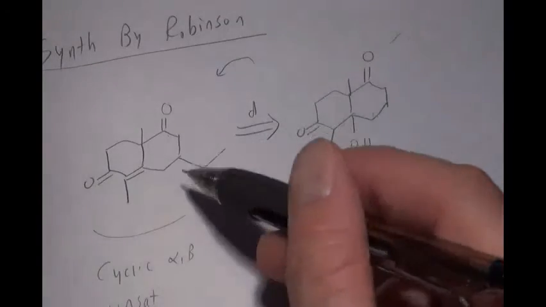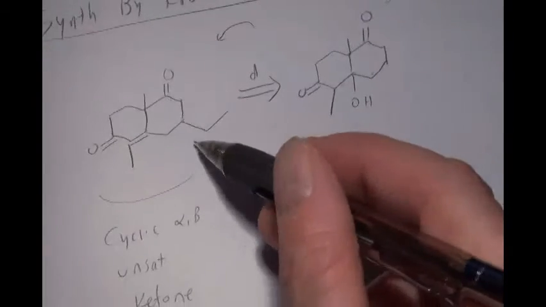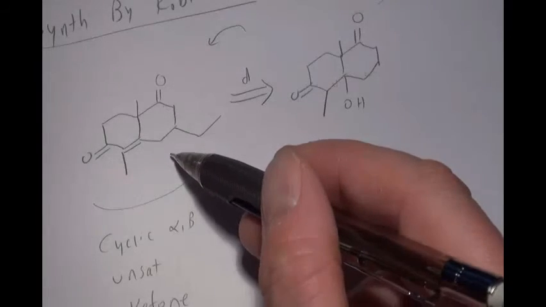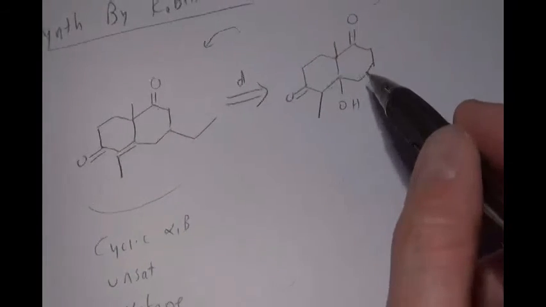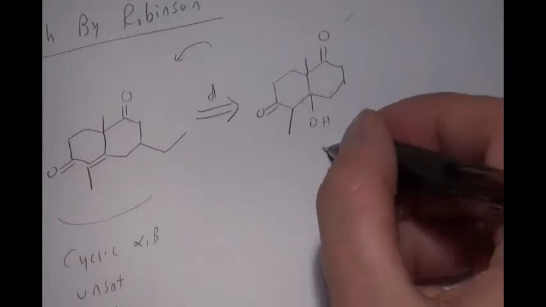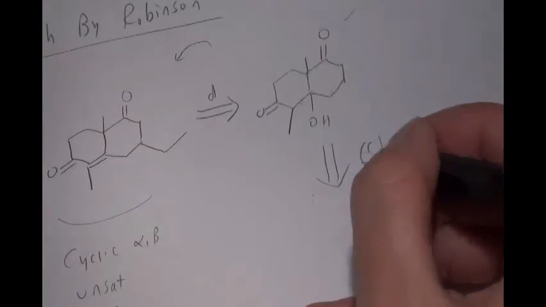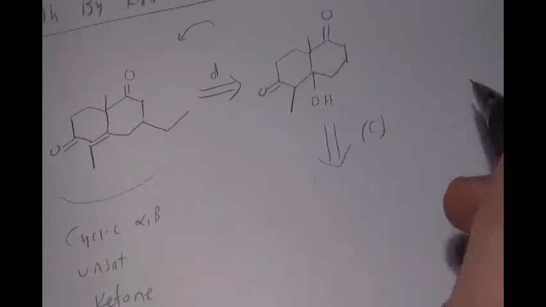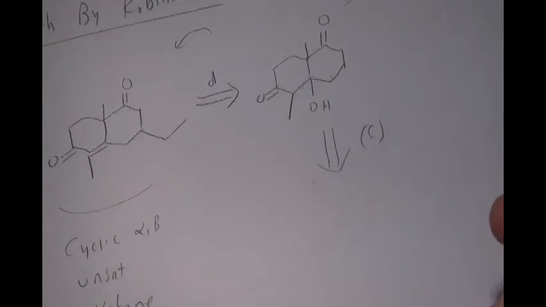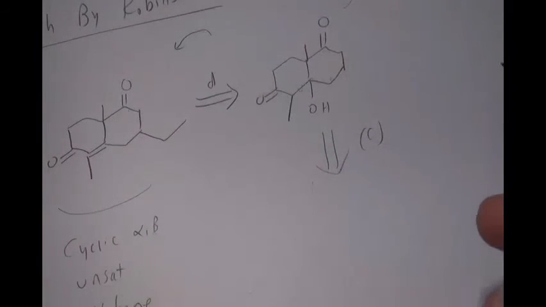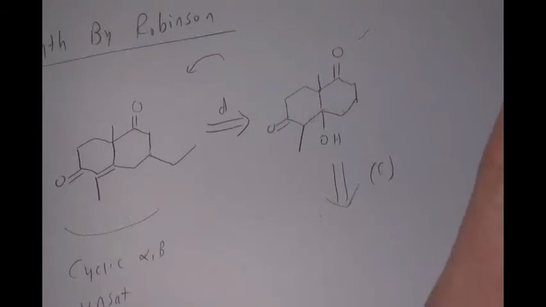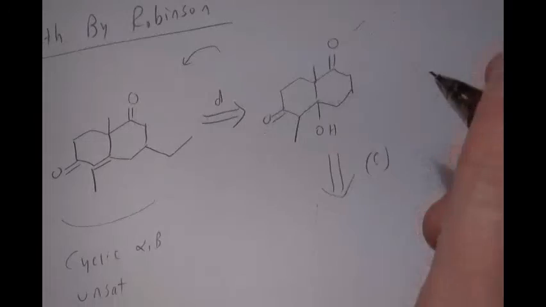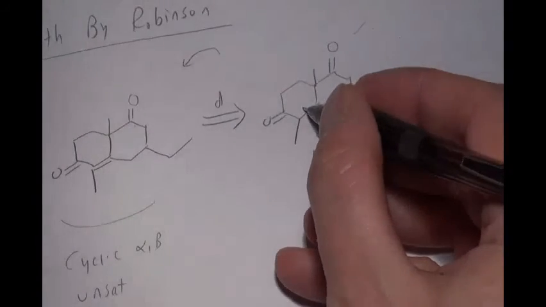Okay, so that would be step D, the dehydration of this. So we're going backwards, right? This is the final product. This is right before that. It's a beta hydroxy ketone. And now, what's step C? What was step C? It was the intramolecular aldol. And so I can envision the bond is going to be between the alpha and the beta carbons that makes the aldol.